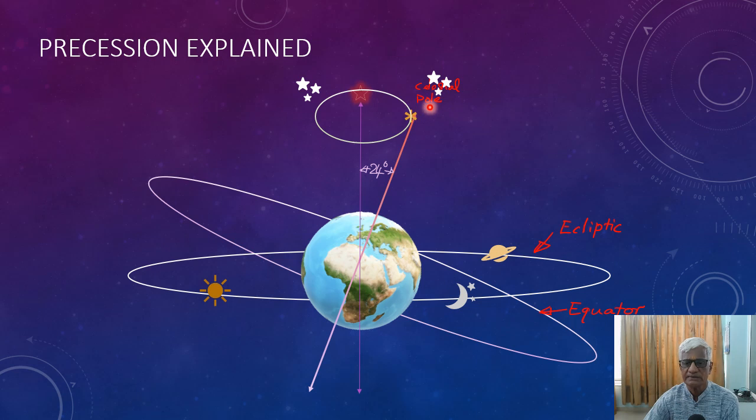That point is called the celestial pole of the Earth. And similarly, there is another line which is passing through the center, but inclined at 24 degrees, and this is the axis of the ecliptic, pointing to a fixed star. This point is called the ecliptical pole.